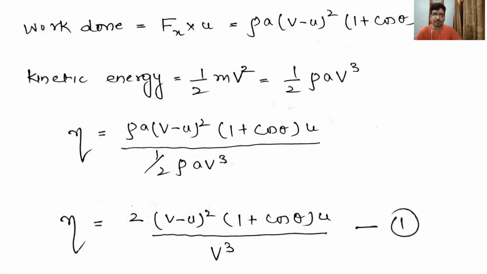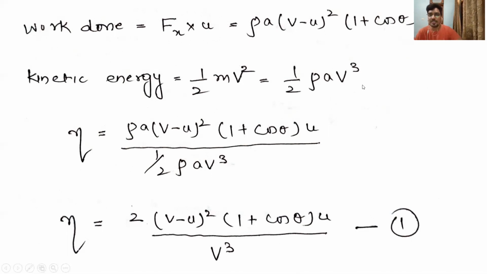It will be half m V square, and what is m? M will be rho a V. We are taking V because the mass flow rate of the jet that is coming out of the nozzle is having the absolute velocity V1. So we are considering this V. So rho a V cube.